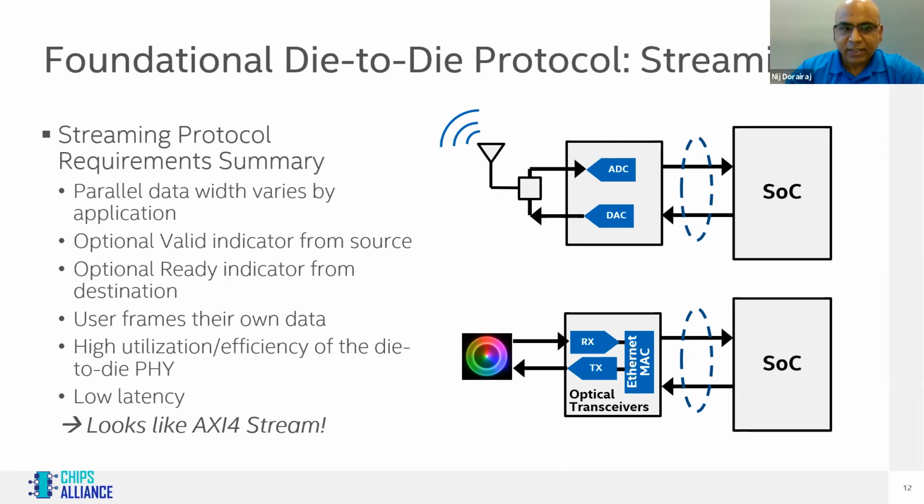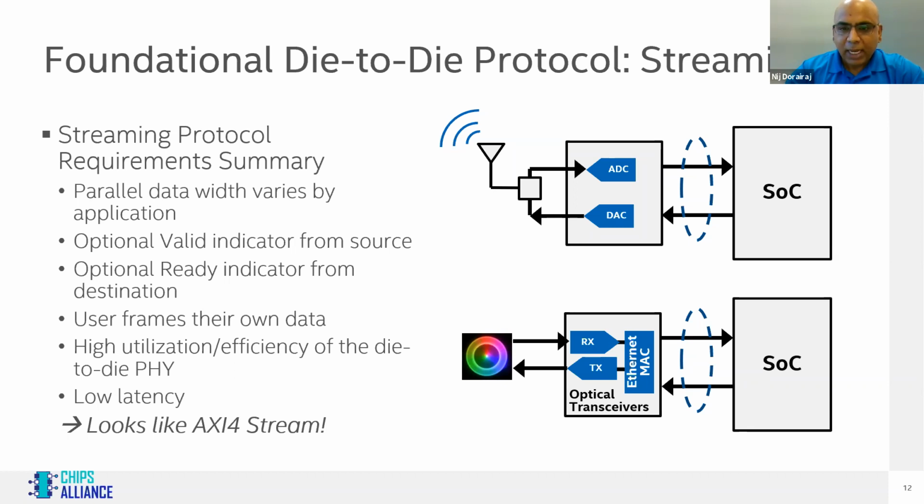If you look at these interfaces, it's a parallel data width. Based on the application, the size can be different, and usually streaming supports varying sizes. You can have an optional valid indicator from the source, or an optional ready indicator back from the destination to provide flow control.